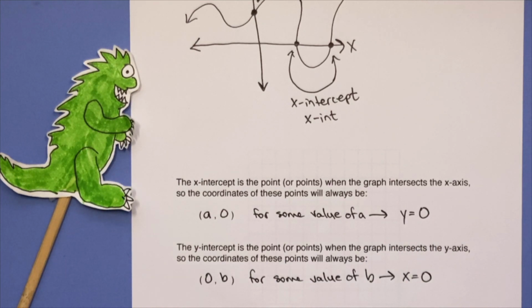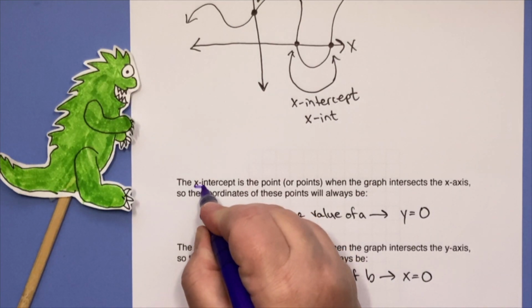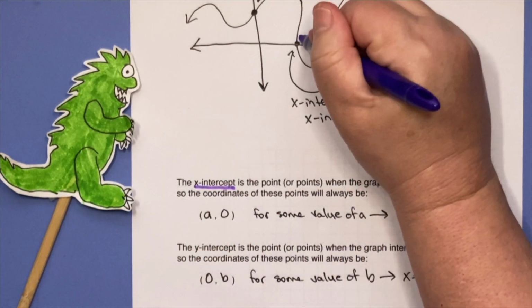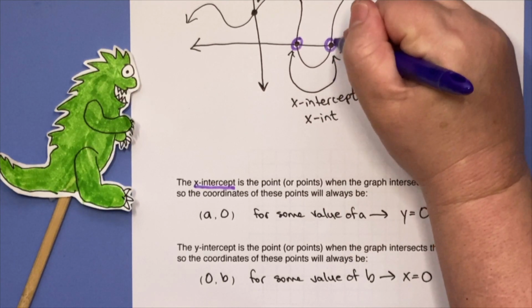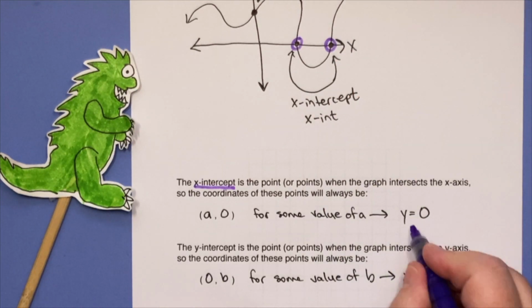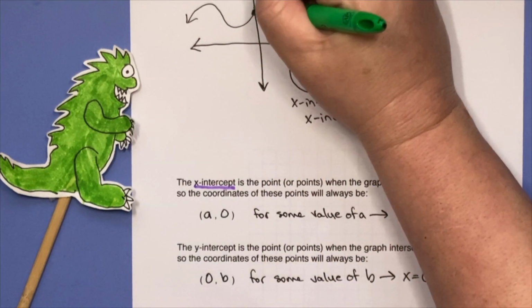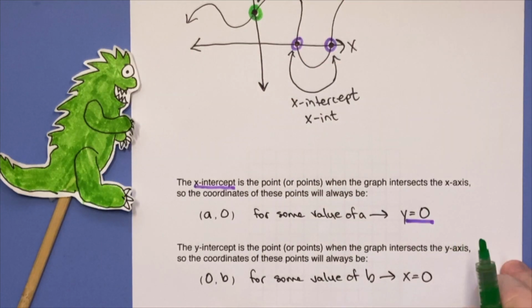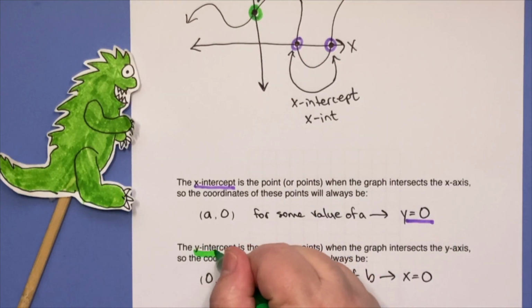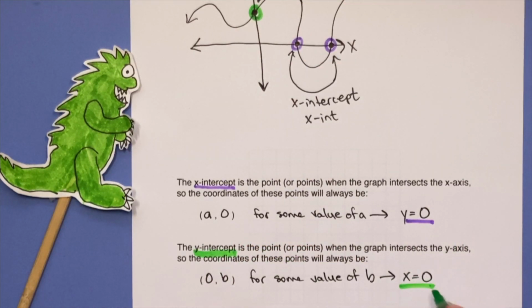The x-intercepts, which are these 2 points up here, will give us y equals 0. And the y-intercept up here will give us x equals 0. So they're reversed.